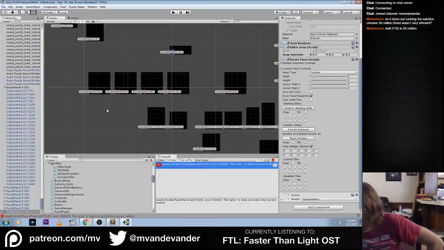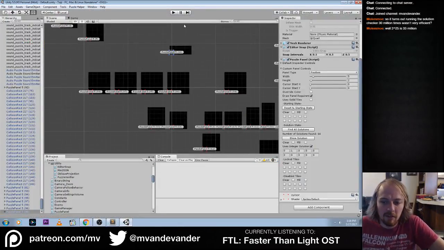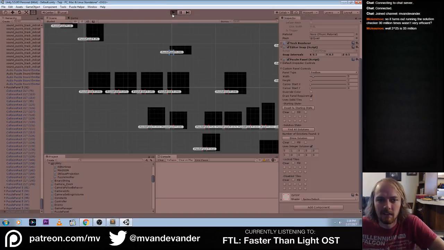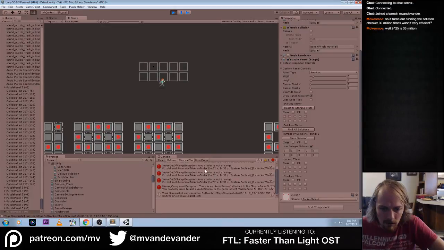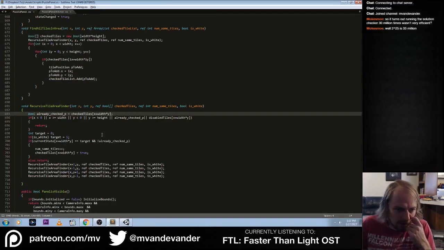Okay. Sadly, I don't know math, so it's pretty hard for me to figure out like the number of iterations of something like that, because I don't know what the heck I'm even doing. Okay, so I'm getting an out of range check.